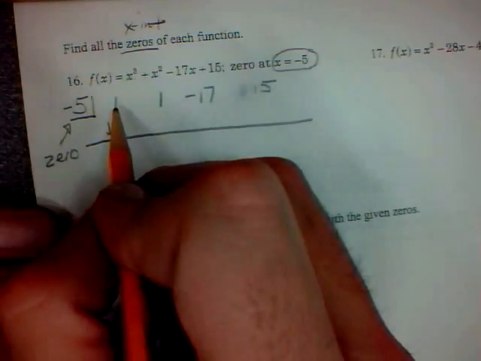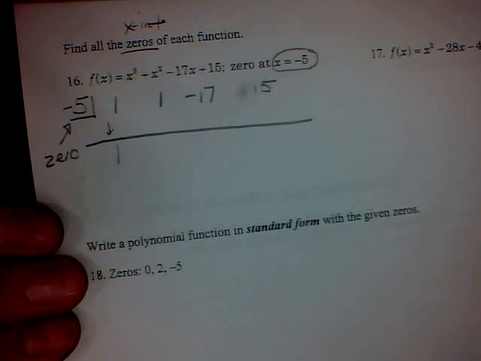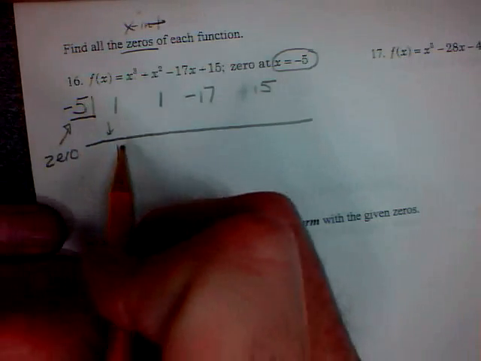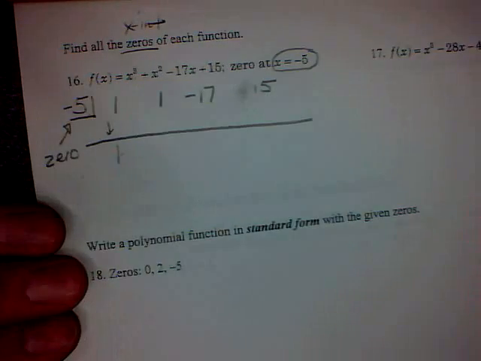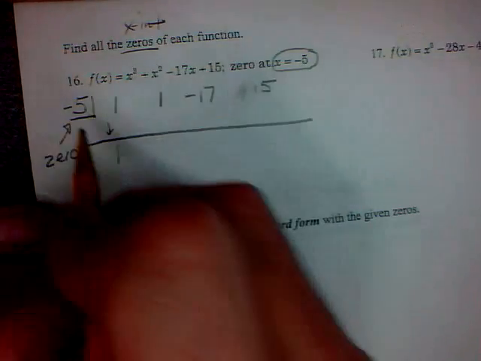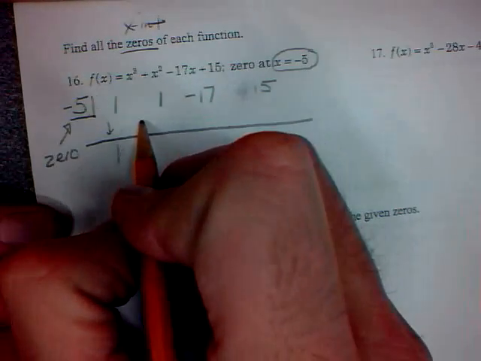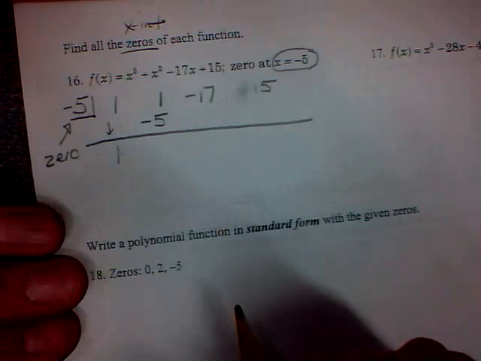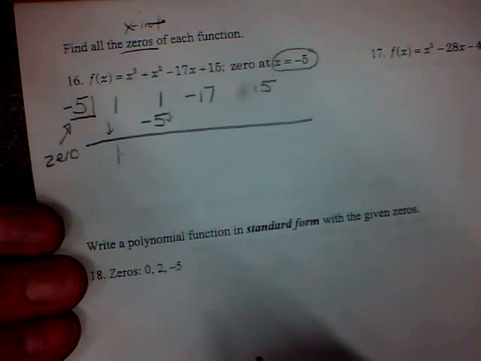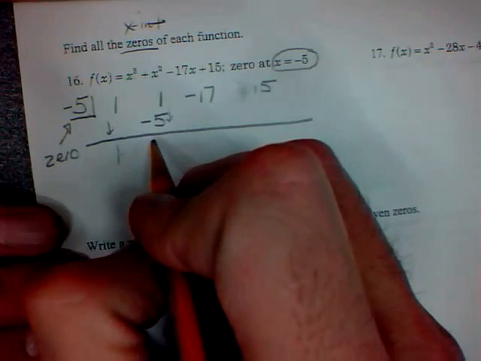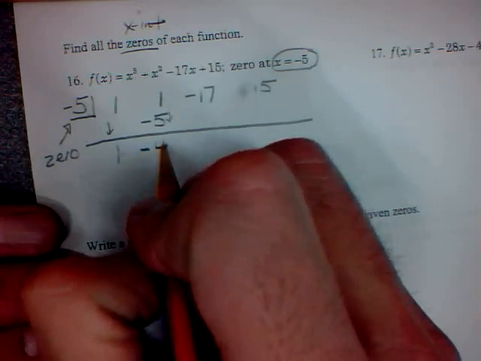Your first term will be whatever this number is out in front. Then the next step is to take these two terms, multiply, and put your answer right below the next number. So -5 times 1 gets you -5. Then you add these two terms together: 1 and -5 gets you -4.